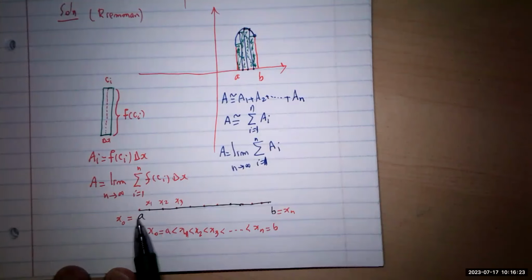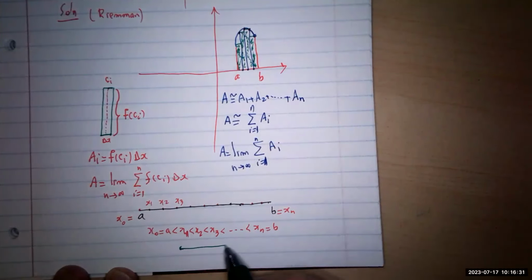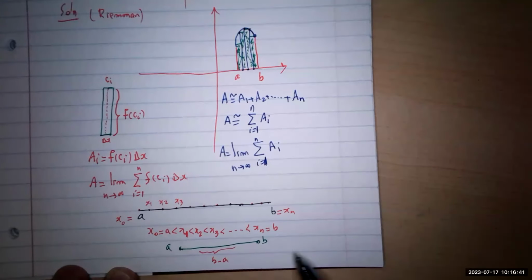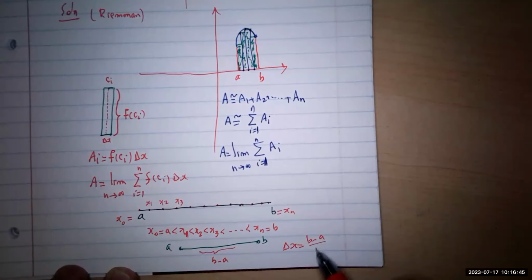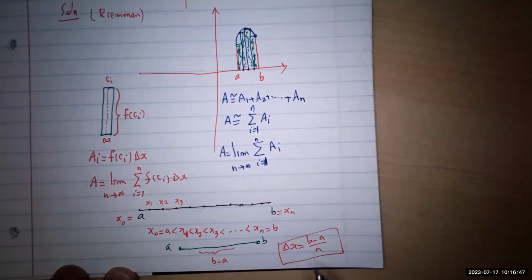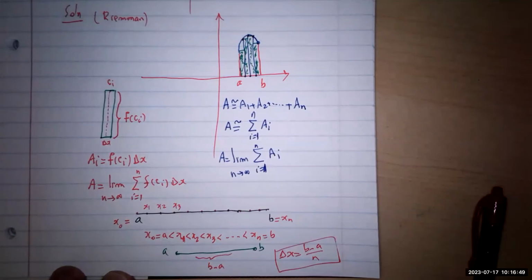In general, to find delta x, you take all of them together. Here again, this is a and b. This distance is basically b minus a, and delta x is equal to b minus a over n. This is one formula that we have to know.